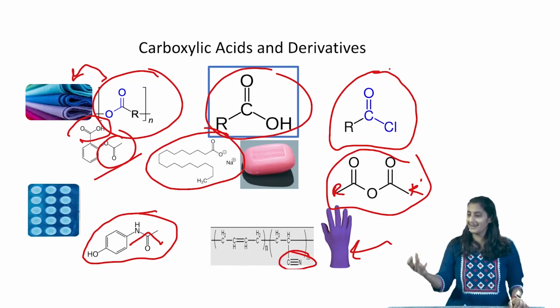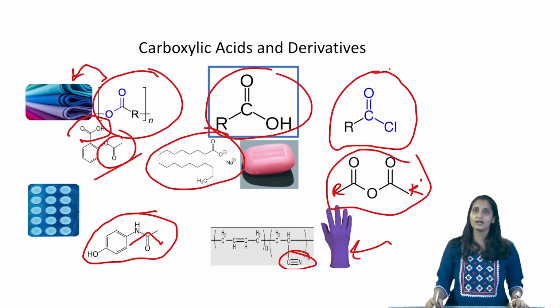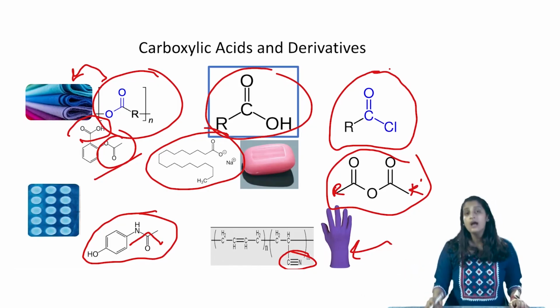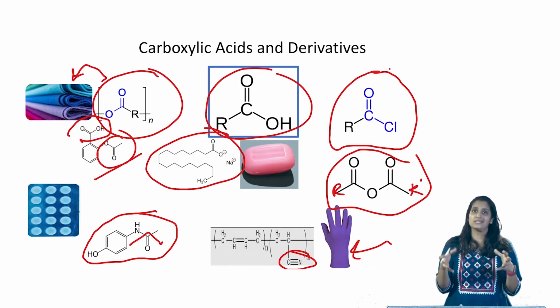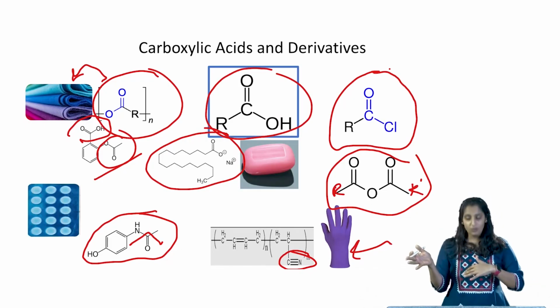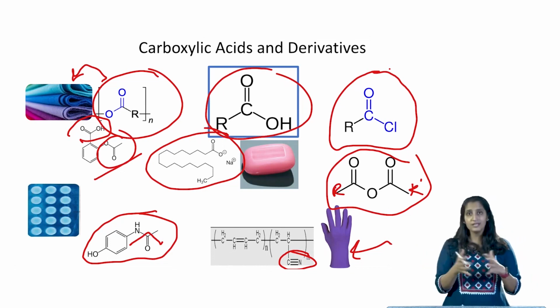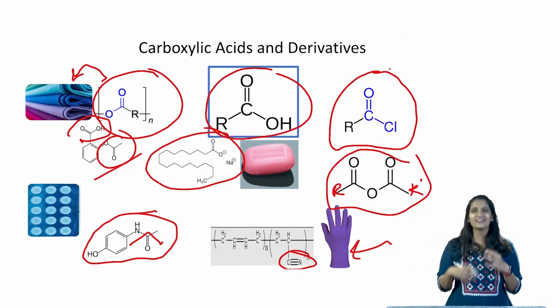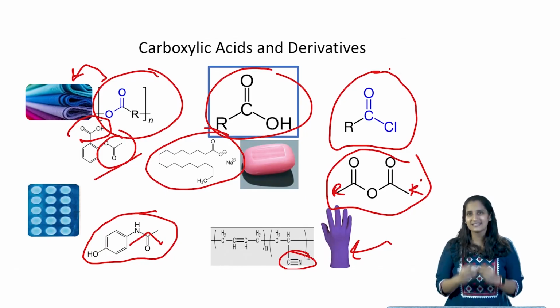So, even though you do not directly find them, saying here is the acid chloride or here is how you use it, most chemical industries are using them to form something different. That is why all of these are really important molecules, and we are going to look at how they do their reactions this week. So, let us start looking at carboxylic acids and their derivatives.